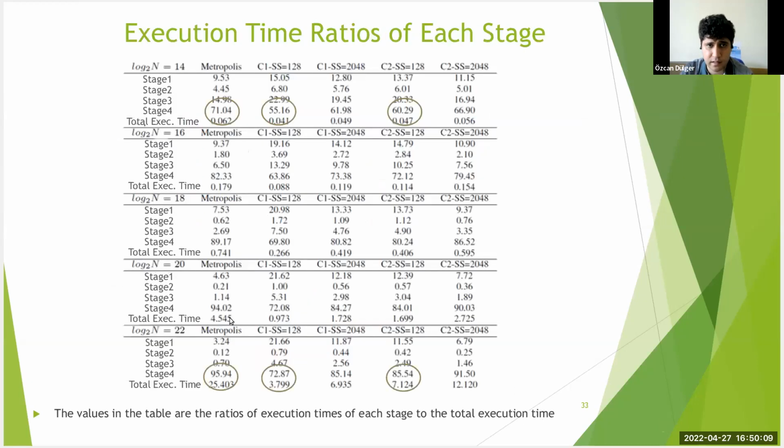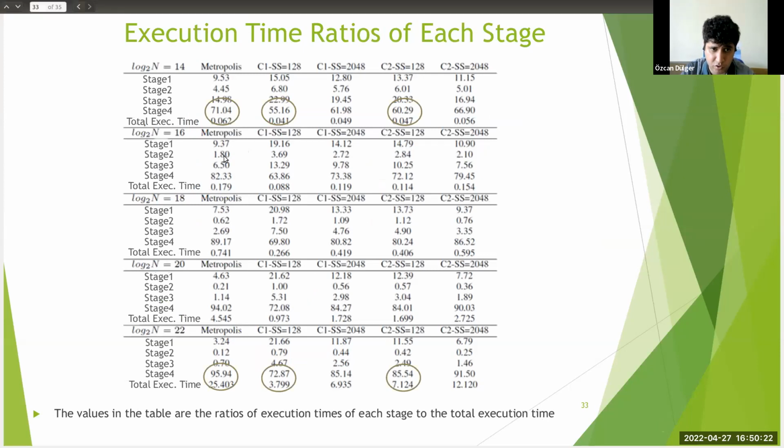And this is the execution time ratio of each stage of the particle filter. We have four stages. Remember that the fourth stage is resampling, and these are the percentages of this stage in the total execution time. Here, when the number of particles is 2^14, the ratio of the resampling stage to the total execution time is 71%.